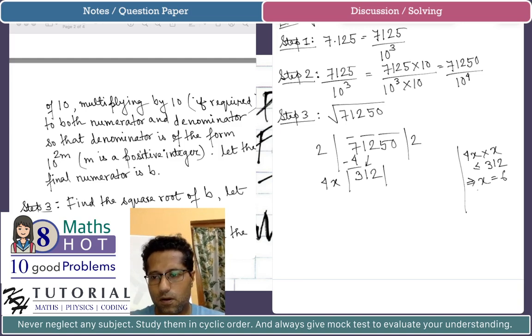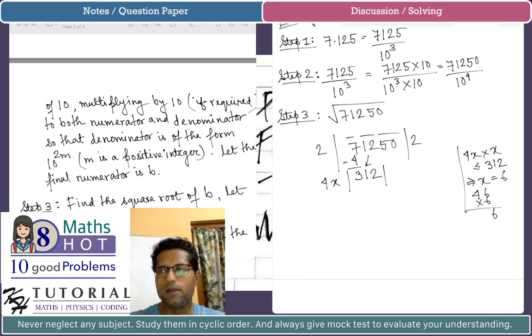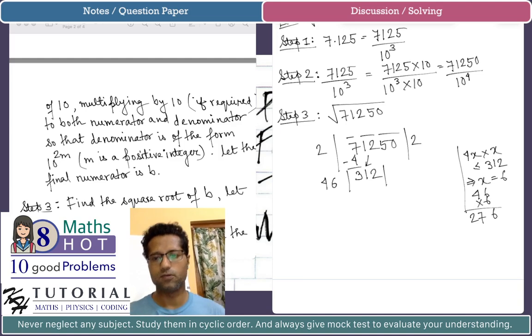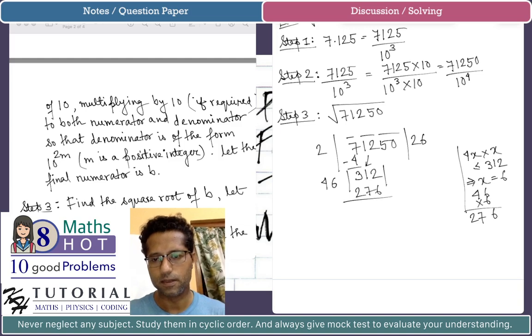So 46 multiplied by 6 is 276. So x will be 6. I'm rubbing x and putting 6 over there, and 6 will also be appended to the quotient, and 46 multiplied by 6 is 276. We find the remainder, which will be 36.